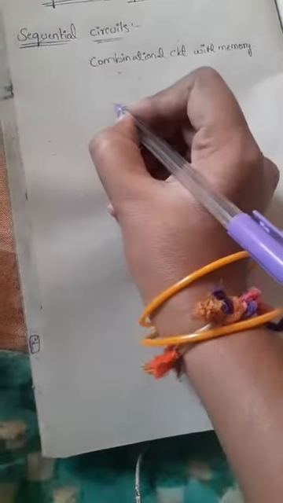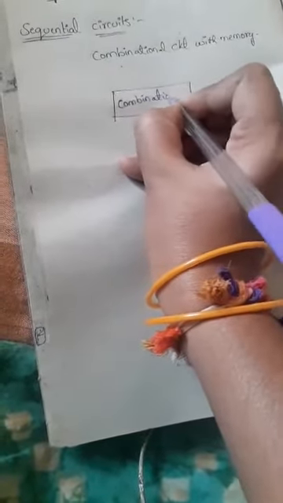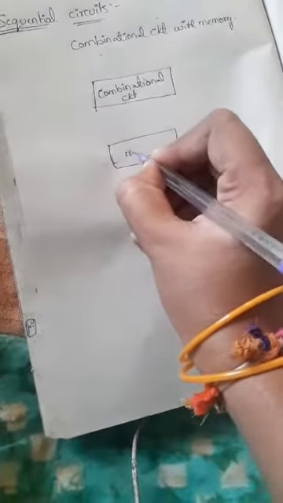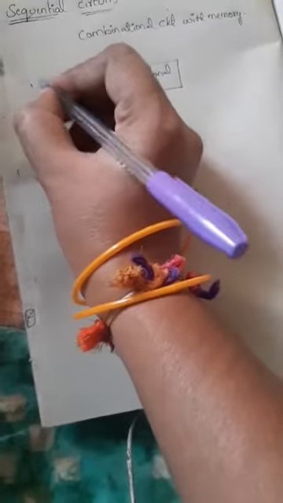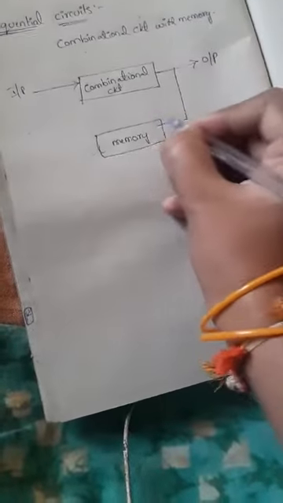Now see the block diagram of a sequential circuit. Just now I told you a sequential circuit consists of the combinational circuit and the memory. Like this, it has an input part and it also exhibits an output.